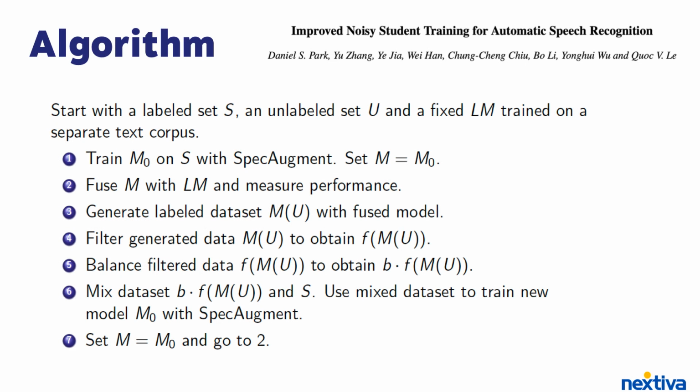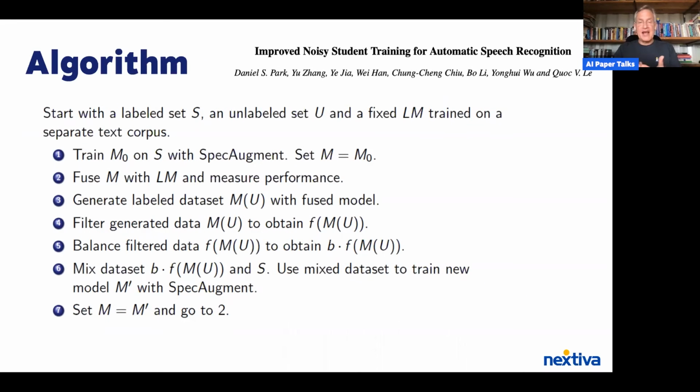Then we balance. I said before, another thing we have to do is balance. We have to take that pseudo-labeled, filtered data and make sure that it's balanced. And then we mix it in. Now what we've got is filtered, balanced, pseudo-labeled data that we merge in with the original labeled set S. Then we take a new model of the same variety that the initial one was, and we train it on that larger sample, and we use SpecAugment to inject noise.